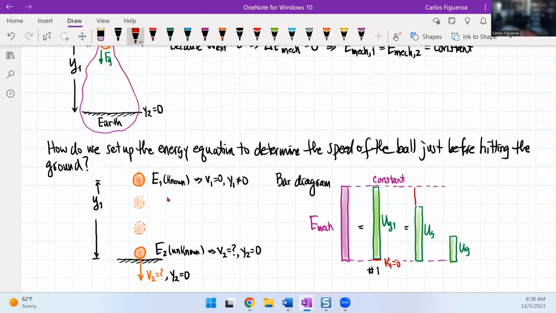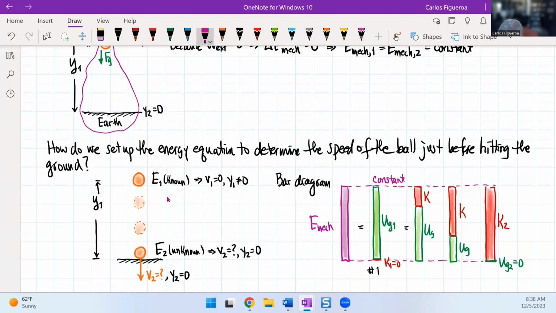Then that means I am converting potential energy into kinetic energy. And then at one point, it reaches the ground. And this is what we call K2. At the very bottom, the gravitational potential energy is 0. So when I look at my bar diagram, this is what this information is telling me.